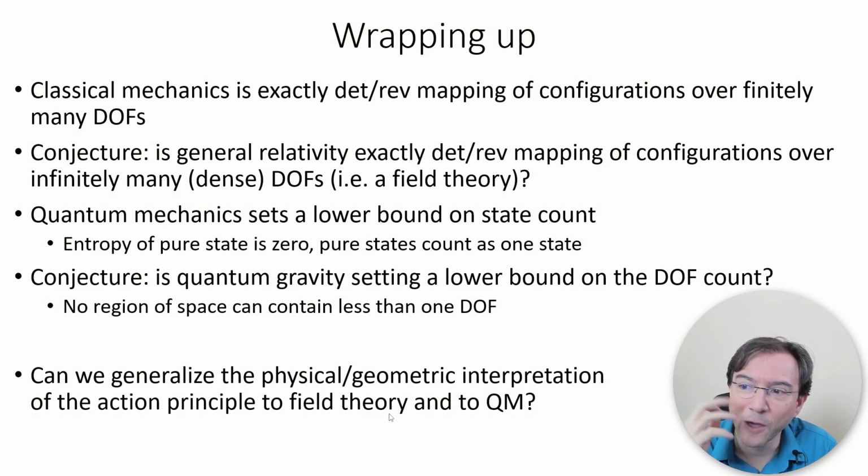And the whole idea of all this would also be to generalize our geometrical and physical understanding of the action principle to field theory, to quantum mechanics, and to quantum field theory.